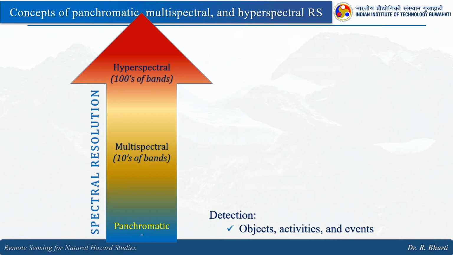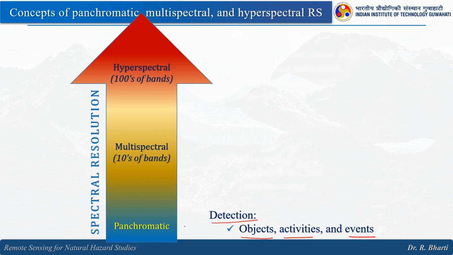Now, we will see the advantages of hyperspectral remote sensing, multispectral remote sensing and panchromatic images, because we have different applications, and for different applications different types of data products are needed. Starting from panchromatic, what we do is identify the objects, activities and events.